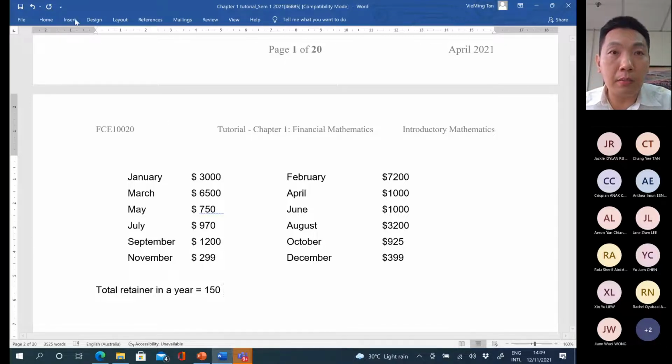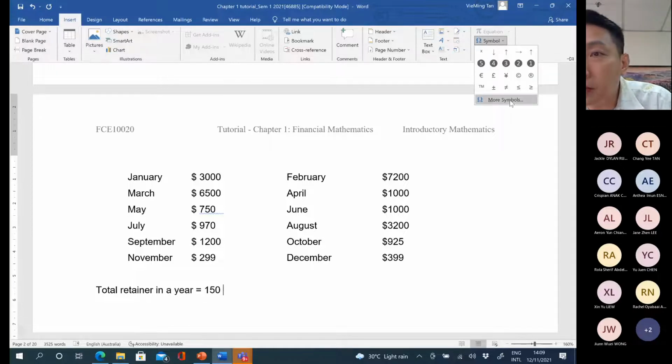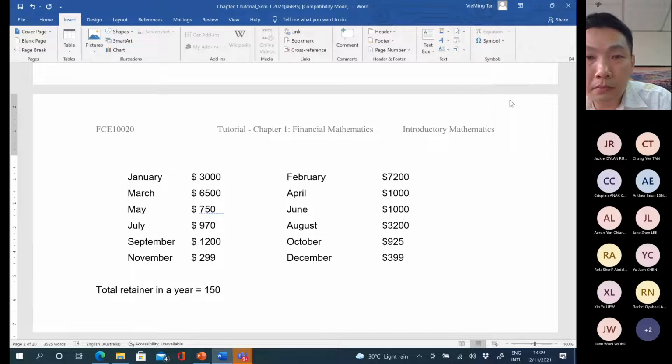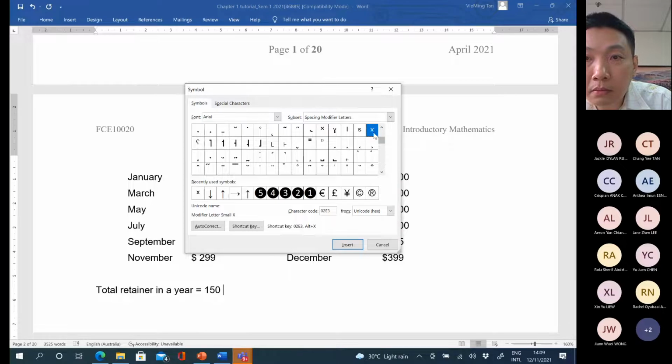So I insert the multiply symbol on this.